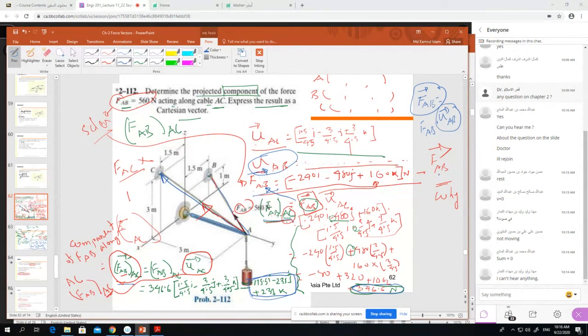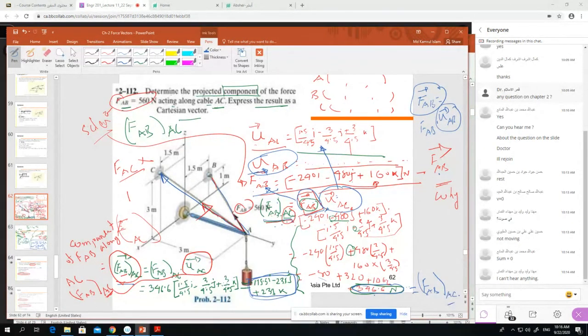Now, why do we need the AB vector? Because to calculate FAC we need unit vector AB. So we find it. Then we also need unit vector AC, so we calculate that. The multiplication of these two vectors will give you a scalar. So we get the scalar value, the component of the AB force along the AC direction.